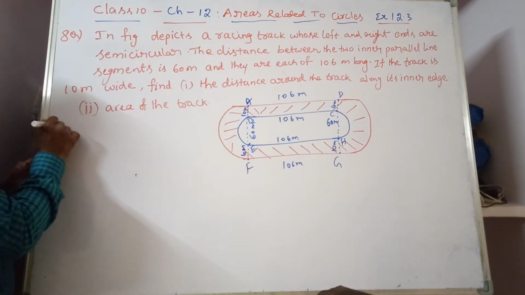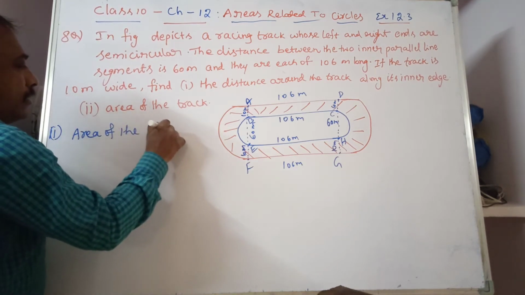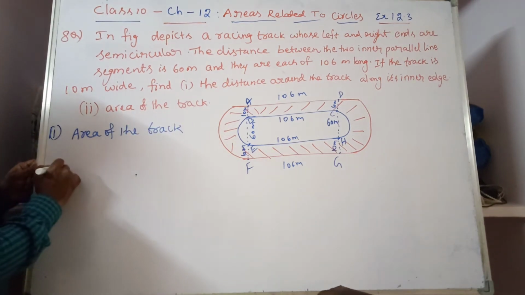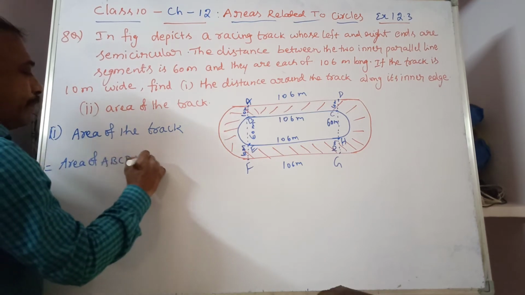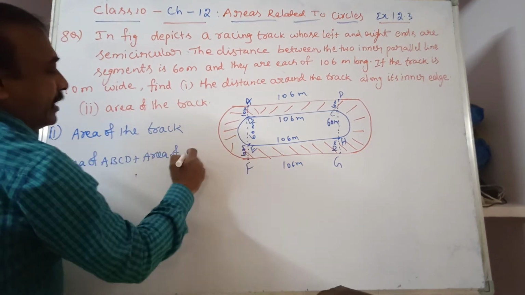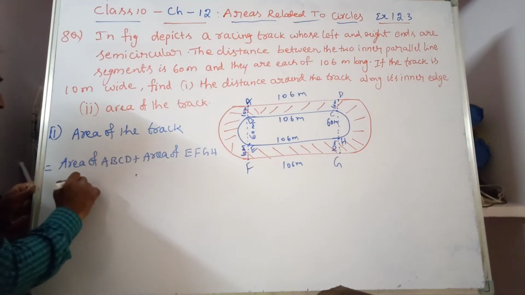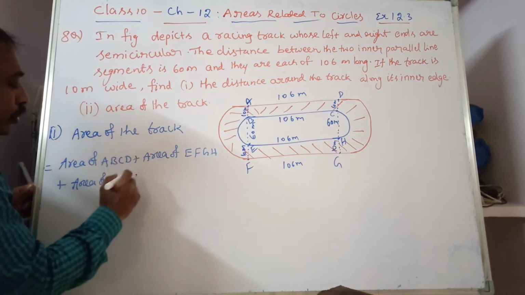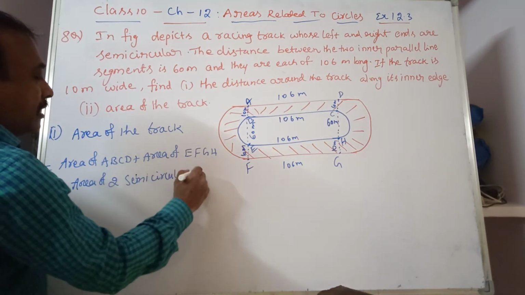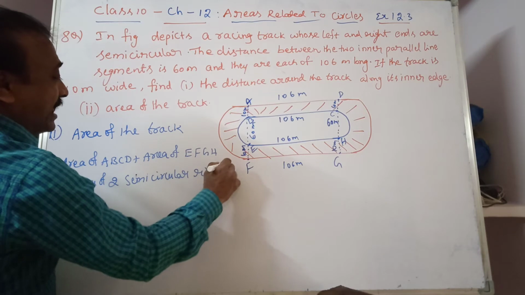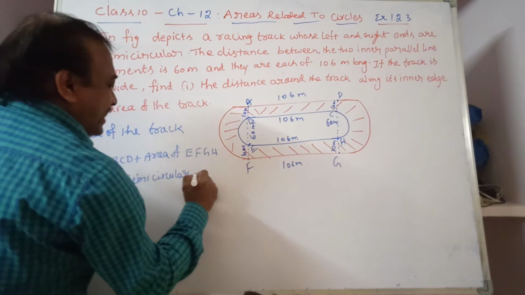So the second question we are doing is the area of the track. Area of the track is equal to area of ABCD plus area of EFGH plus area of two semicircular rings, the semicircular region.